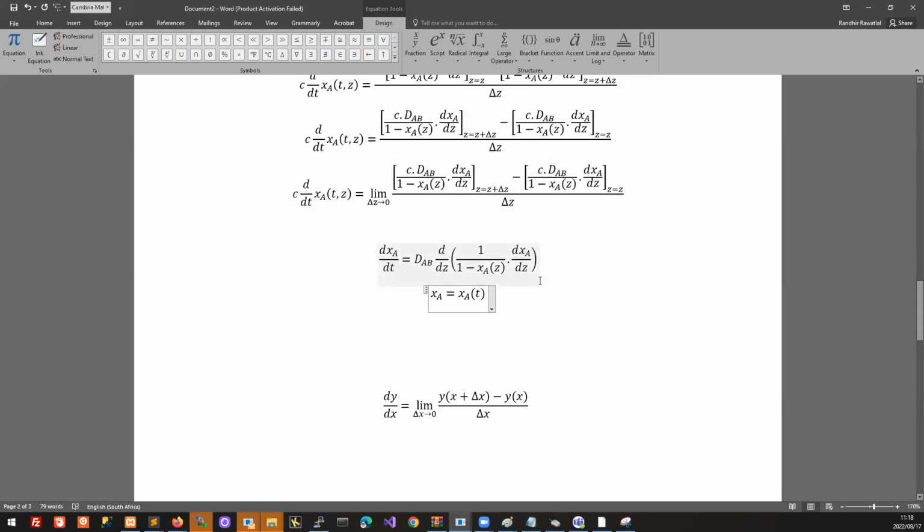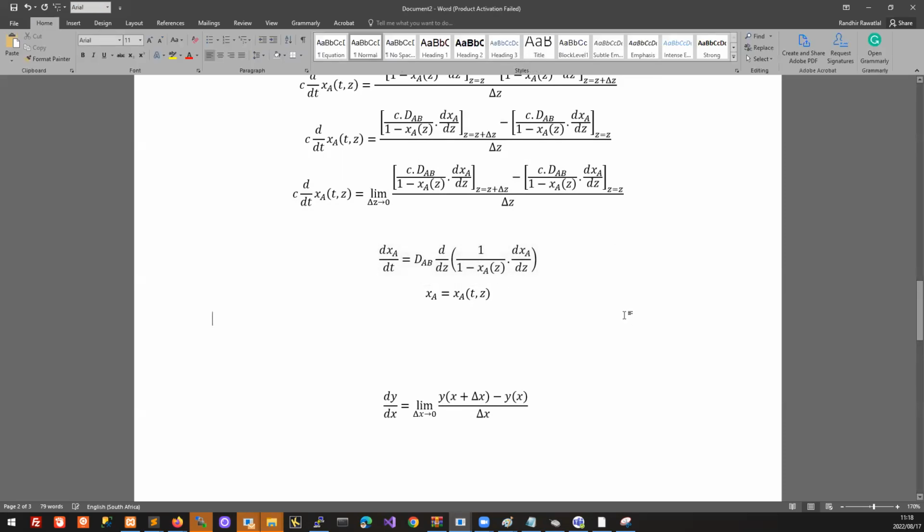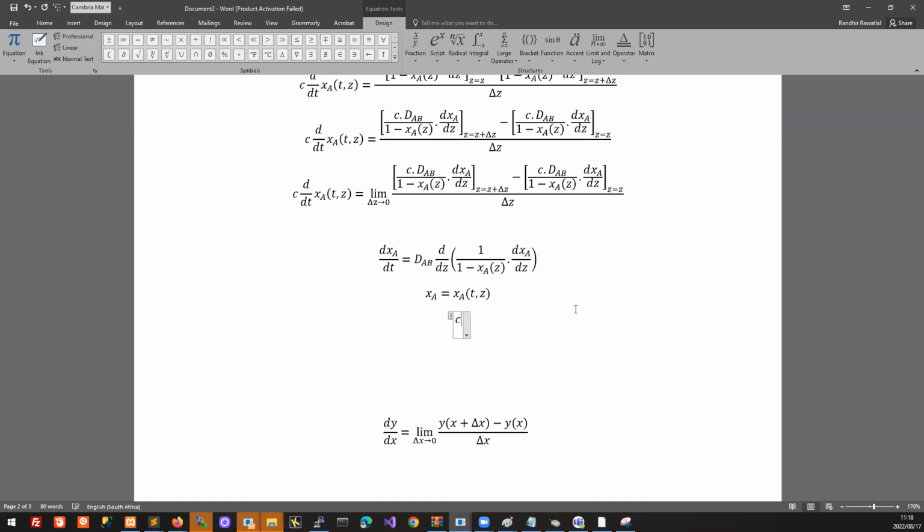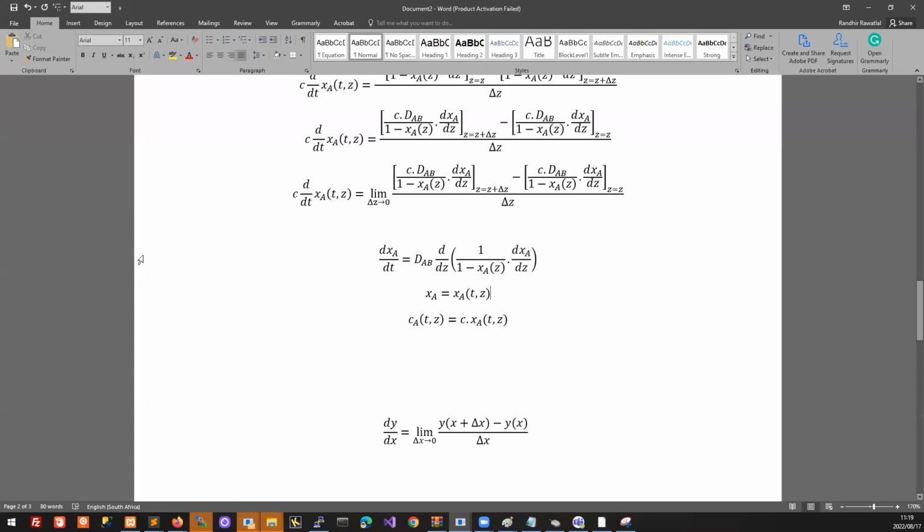And then we also have a Z dependence here. So T and Z. And then, of course, we can say that the concentration C_A as a function of T and Z is going to be the total concentration C times X_A at T and Z. Okay. So that's what we are looking for.